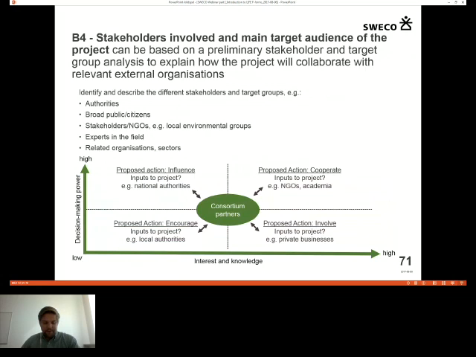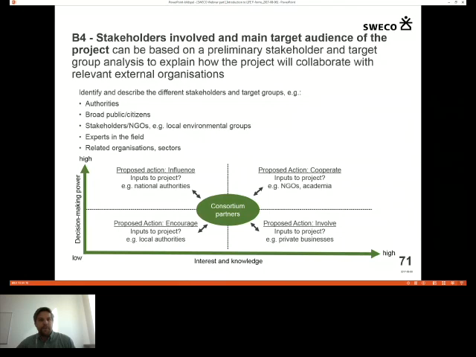The most important groups are usually the ones that we have already been looking into in replication and transferability. What you need to do in this part is to, first of all, explain who they are and why they are relevant for the project, how can they contribute to the project, and what will they get from the project. I would say those are the most important things.